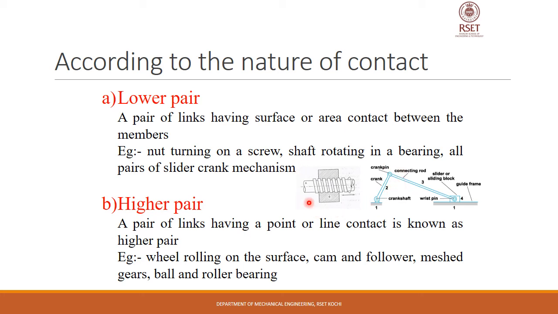Between links 1 and 2, the connection is the crankshaft, which has an area contact. Similarly, links 2 and 3, the crank and the connecting rod, are connected with the help of the crank pin. At that crank pin, it has an area contact. So kinematic pair 2 and 3 is also another lower pair.